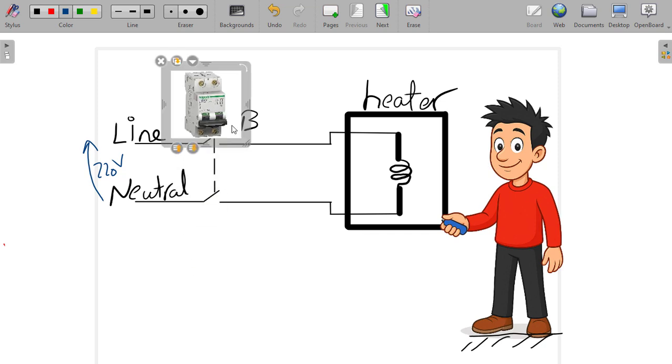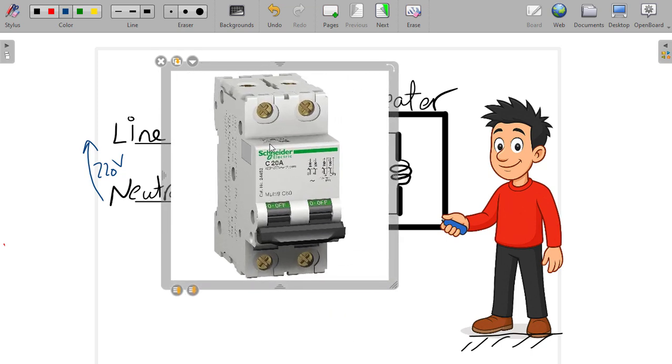Here, this circuit breaker, as you know, we are using it to connect and disconnect our circuit, isolate our circuit. Also, this is considered as a protection against overcurrent and short circuit. We have here C and 20 ampere. C is the tripping curve and 20 ampere is the full load or rated current.